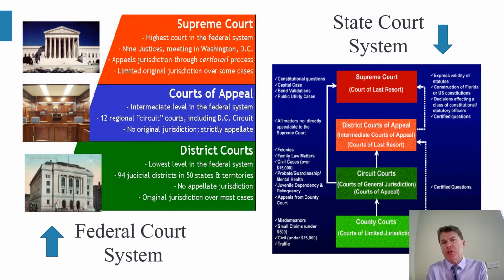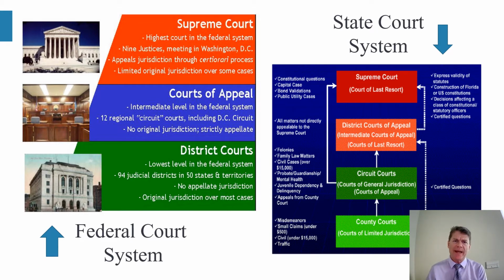One interesting thing to note is that if you're going through the state system, so let's say, for example, crime, which we haven't gotten to yet, most crime that occurs in the United States is state-based crime. So if there's assault and battery, burglary, robbery, or one of the many forms of homicide, usually most of those cases are state-based violations. And so the state systems get the lion's share of the cases, criminal and civil.